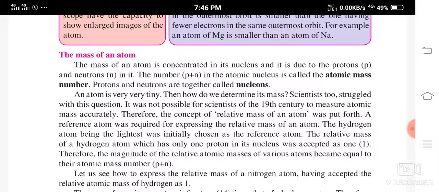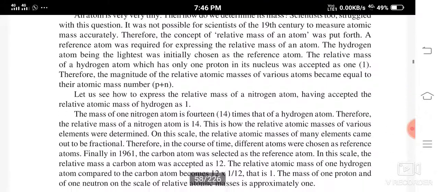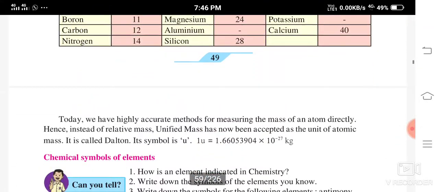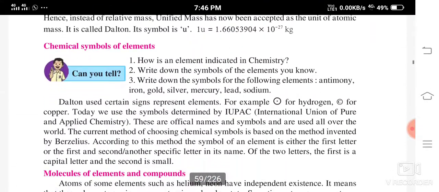Students, in the last video, we ended with the mass of an atom. So, let us continue with chemical symbols of elements. Now, you students have studied about this and you have some idea regarding the chemical symbols of the elements, and you know the symbols of elements also, isn't it?